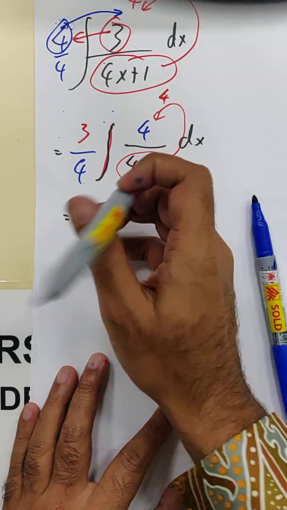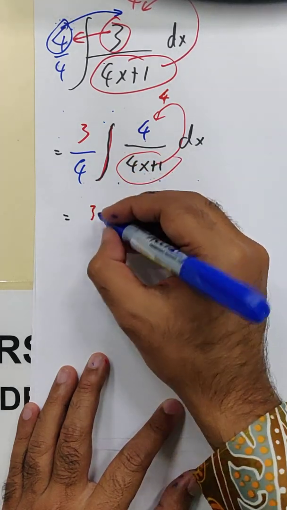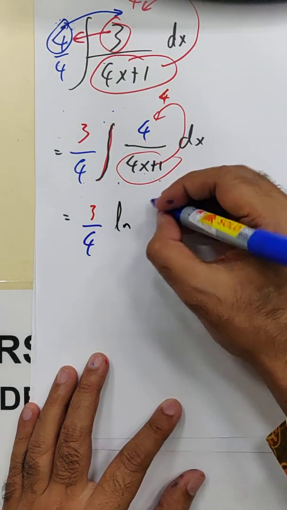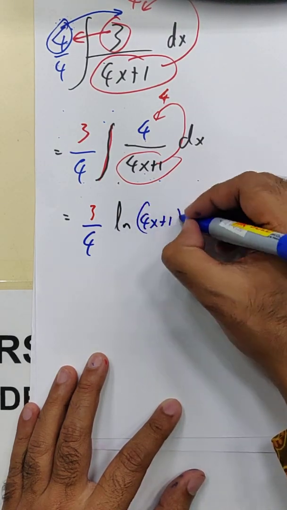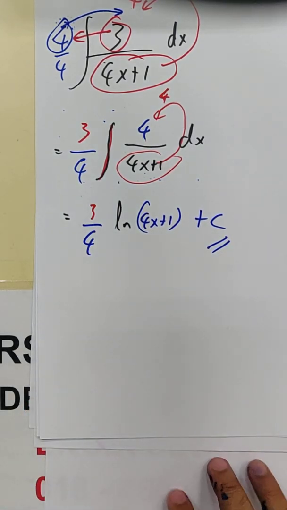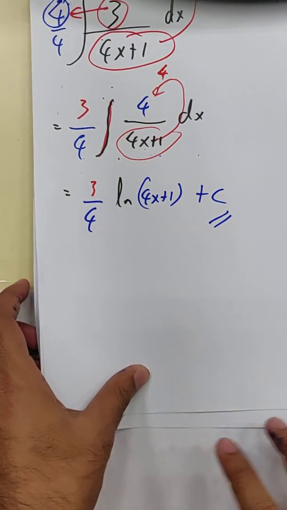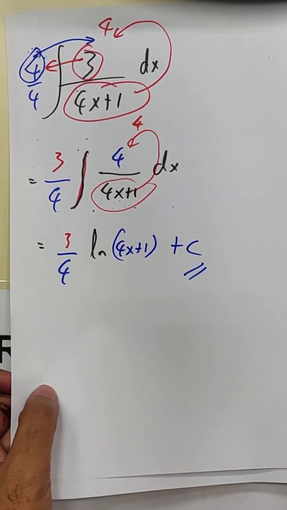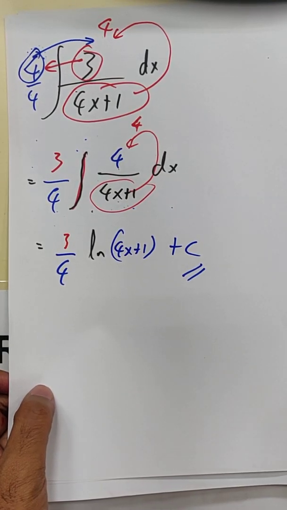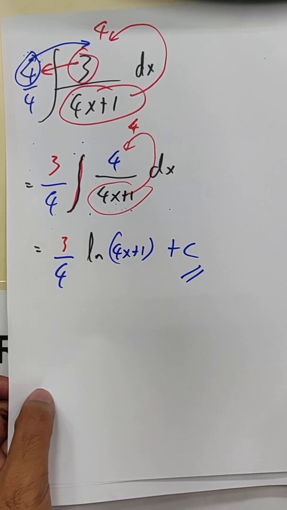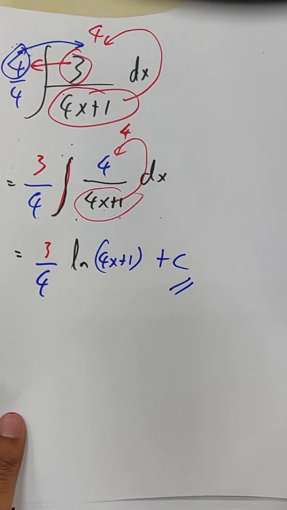So 3 over 4 ln of x plus 1 plus c. Okay? Sorry if it's too fast. You guys okay?